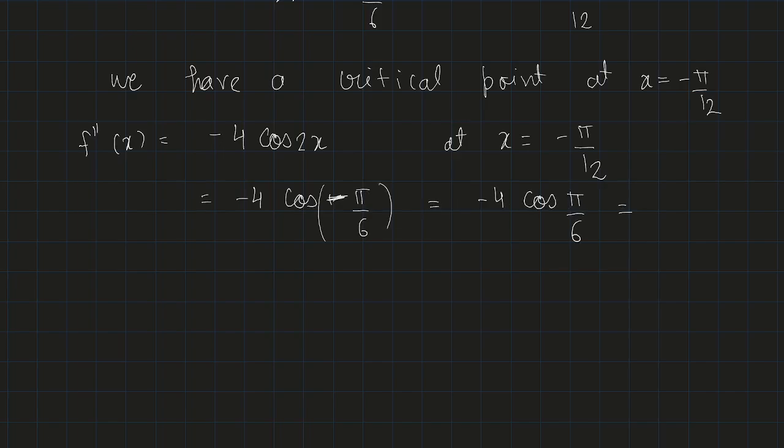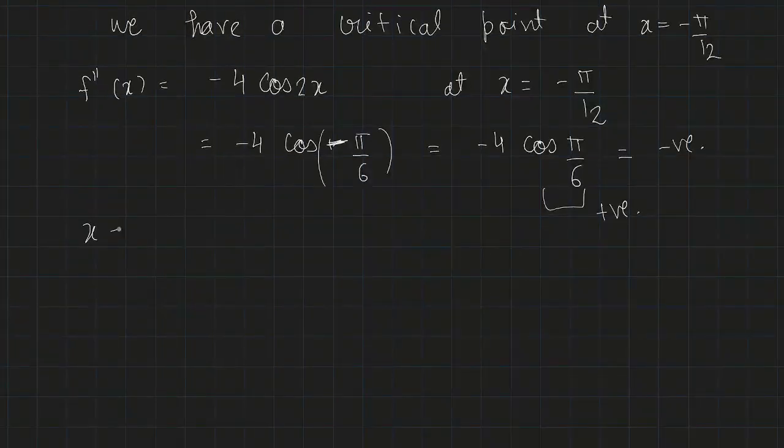This is a positive number, so the result is a negative number. As a result, I learn that x equals minus pi over 12 is a maximum. Okay, interesting.